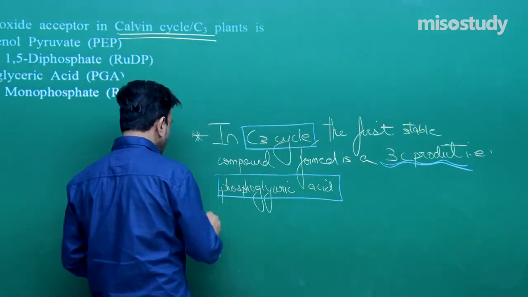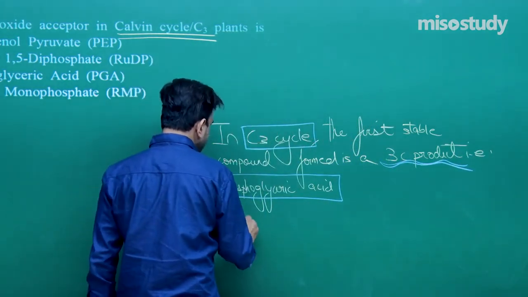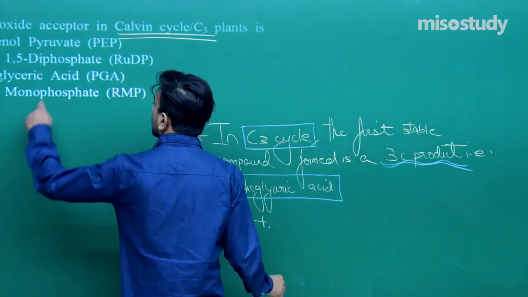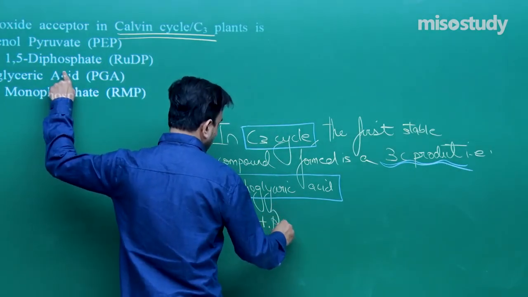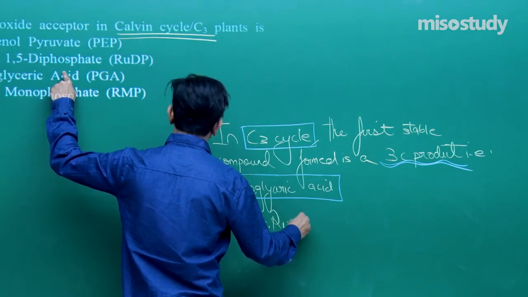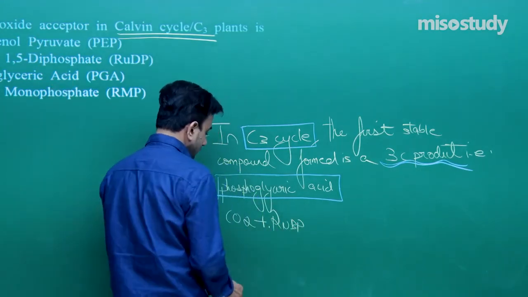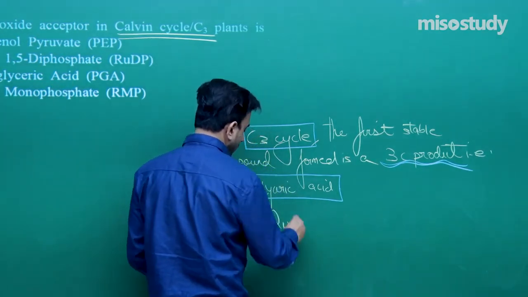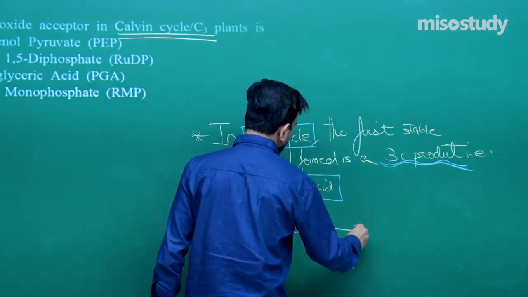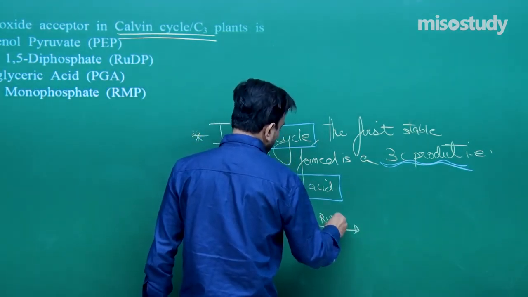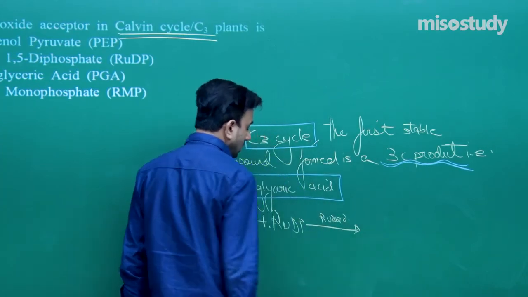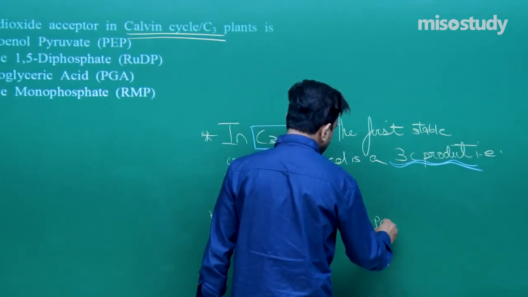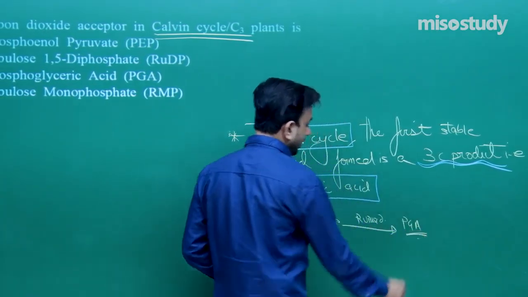What we see here is that the carbon dioxide is being accepted by what? Ribulose 1,5 diphosphate, or RuBP, simply we can write that, or even RUDP, in the presence of the enzyme rubisco, which is the most abundant protein, and this forms 2 molecules of PGA.